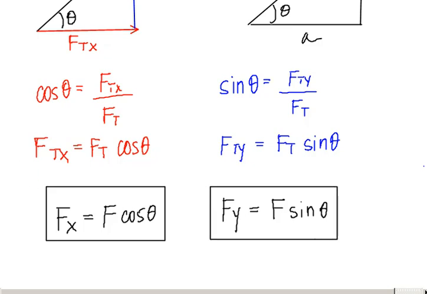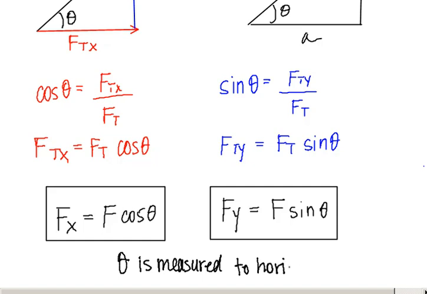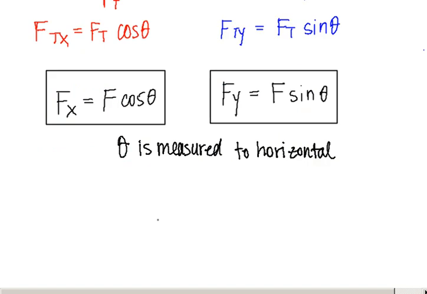And I am going to make a note that this is for when theta is measured to the horizontal. Okay, so that allows you to find the x and y components.